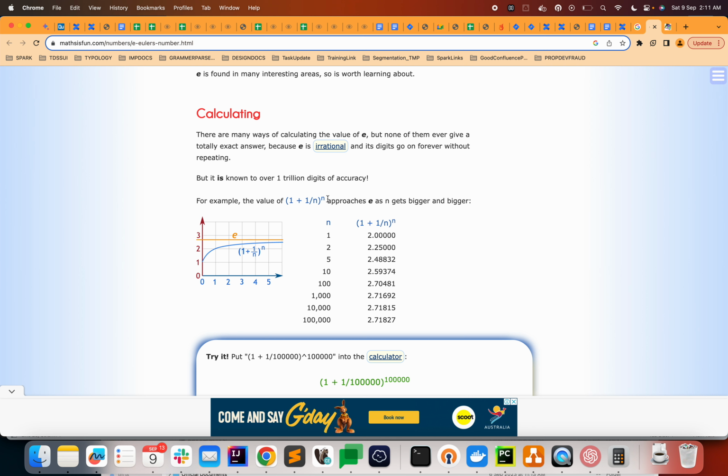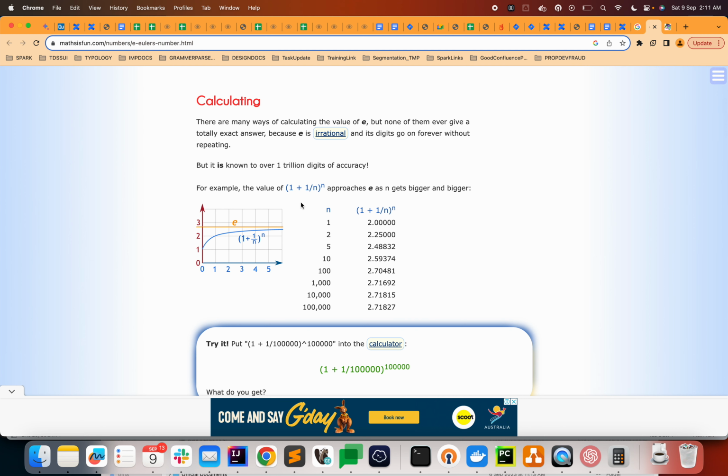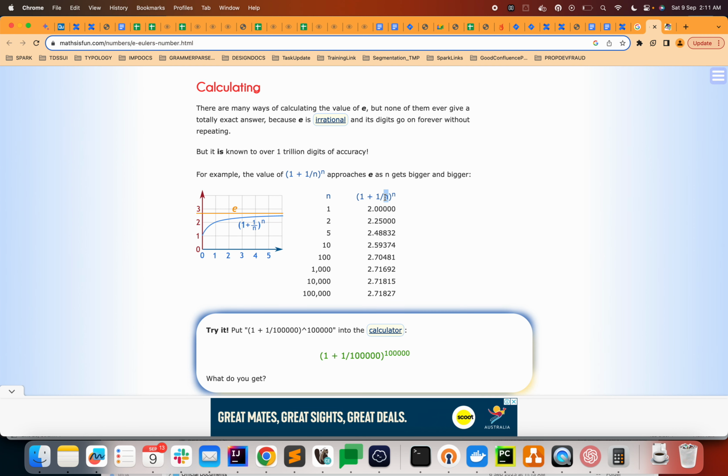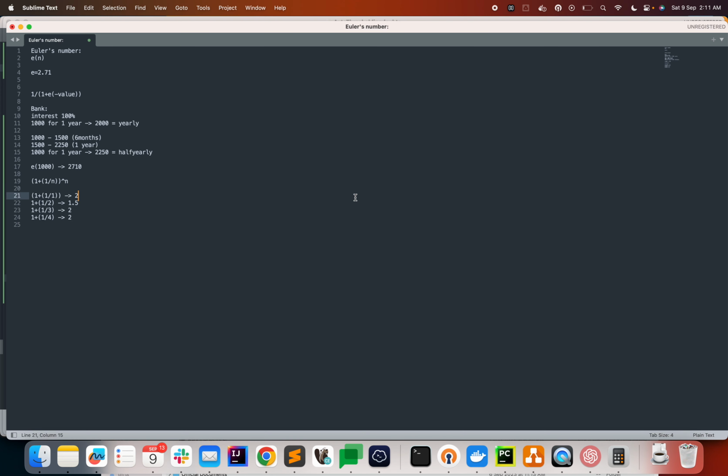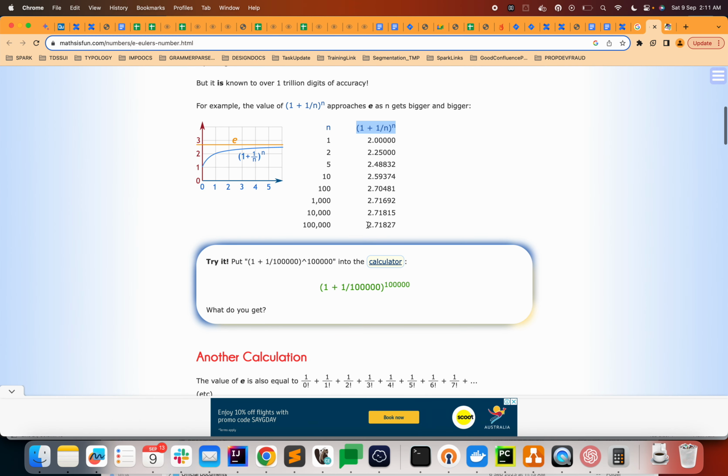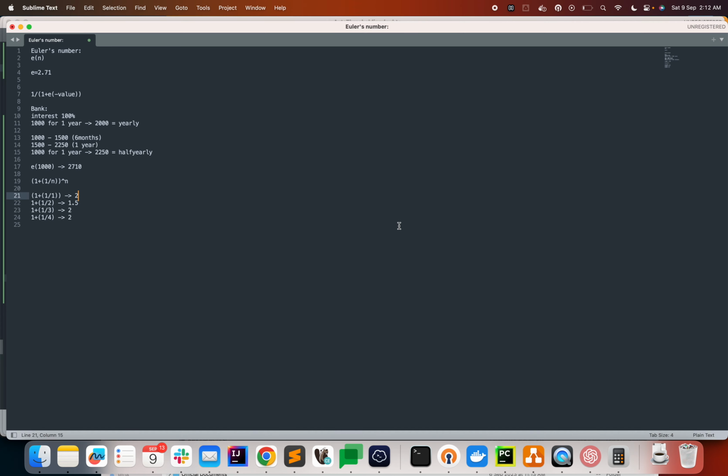These are some kind of formulas we'll be using across data science and other places. So here also if you see this n, this is almost the same as our compound interest formula, right? So the maximum number will be 2.71.